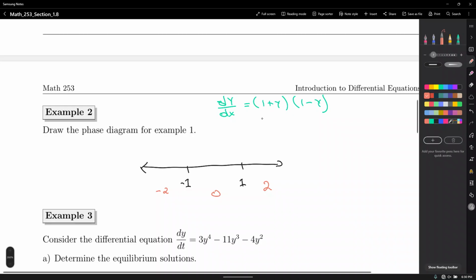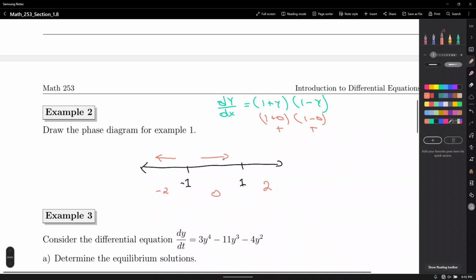For -2, 1 plus -2, times 1 minus -2. This is negative and then positive. Negative times a positive is negative. We will represent the negative behavior with an arrow pointing to the left. Now for 0, 1 plus 0 times 1 minus 0 is positive times a positive, which is positive.